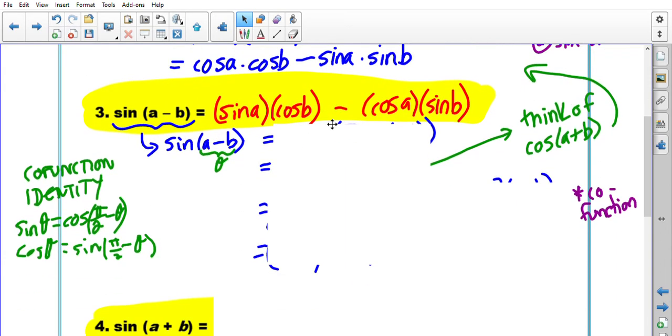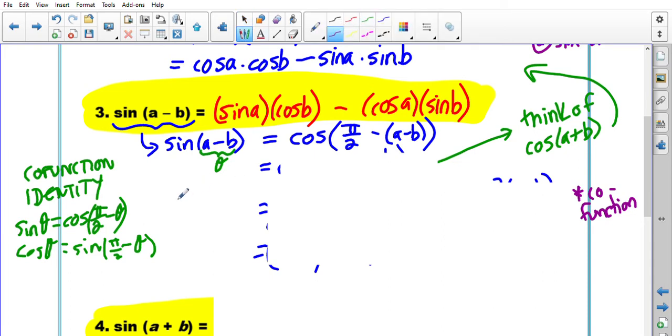All right, so let's go over where this came from. Again, here we're going to have to refer to the cofunction identity. Let's pretend that sin(A − B), let's call theta A − B. According to the cofunction identity, sin θ is equal to cos(π/2 − θ).